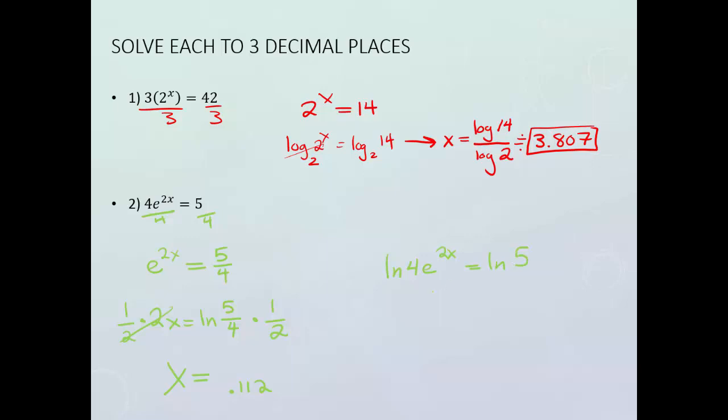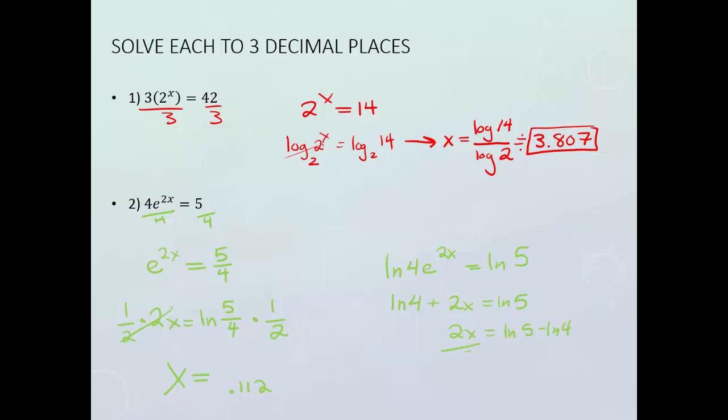Now, Austin, in class today, he wrote ln of 4e to the 2x equals ln of 5. And actually, this works out if you remember the exponent laws. So ln, these are multiplied together, so ln of 4 plus ln of e to the 2x. Well, that just equals 2x. We subtract ln of 4, and we get 2x equals ln of 5 minus ln of 4.